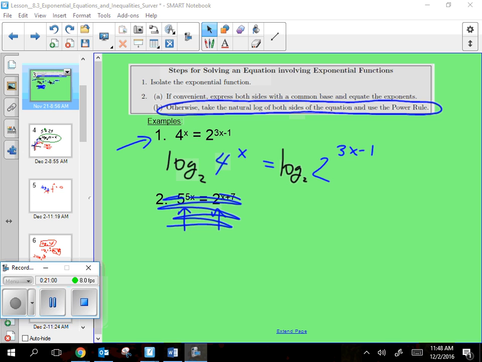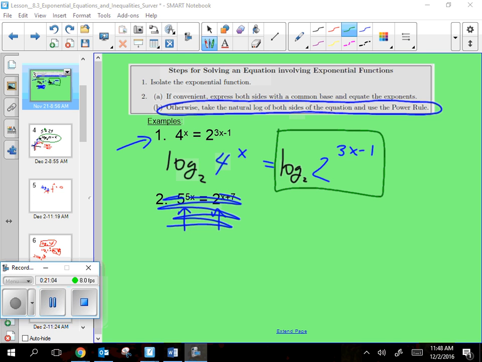Okay, so some thoughts. That one simplifies to just 3x minus 1, because if the bases are the same, the answer is the exponent. Let's try this. 3x minus 1 is the right side. The left side of the equation was this. Did anybody think of something smart to do? Yeah, the 4 could be 2 squared.